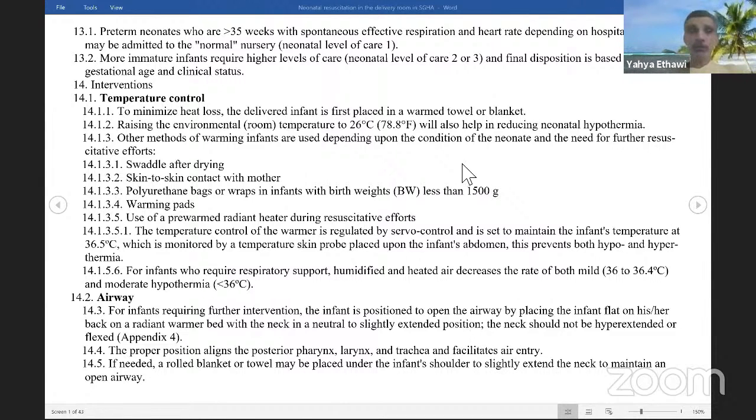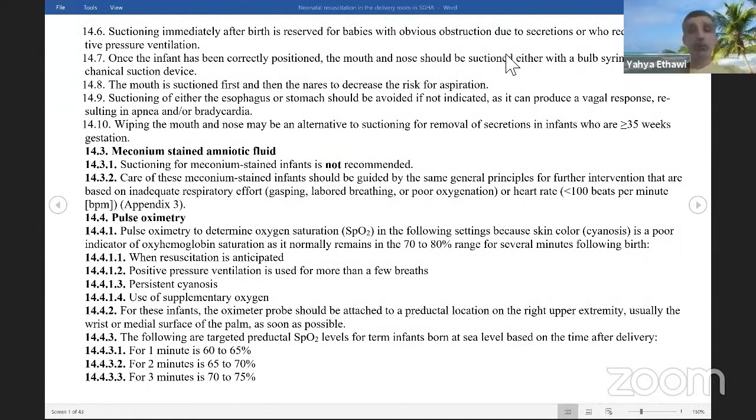Suctioning, remember, is important to clear the airway. There is no need to suction the stomach. Remember that. Whatever the reason, if it's blood or mucus, or it's very junky, anything, do not suction. The reason is because it will stimulate the vagus. Second, it might cause injury.